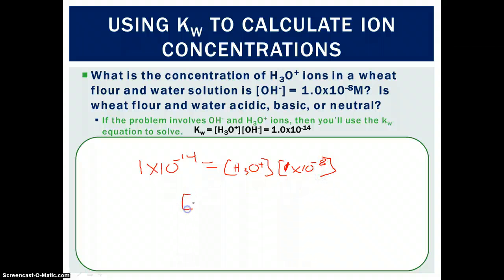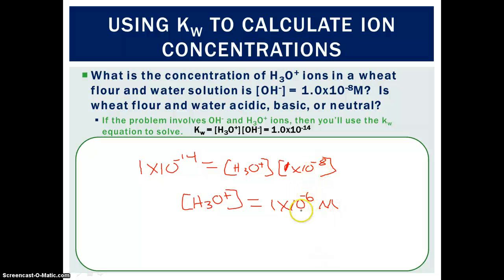To find the hydronium ion concentration, I divide both sides by 1 times 10 to the negative 8th. Being careful with order of operations in my calculator, I get 1 times 10 to the negative 6th molar.